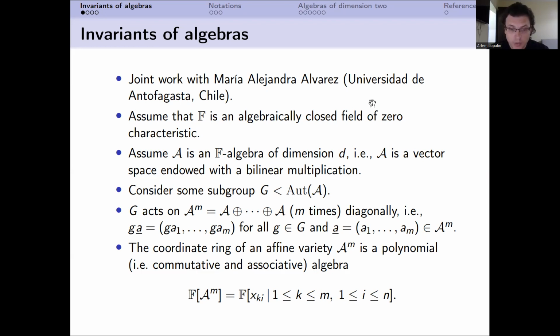Another very classical object is matrices. We may have several matrices, and we have the action of the general linear group over these matrices by conjugation. So we may study invariants in this case as well. What I'm going to do here is consider a situation with non-associative algebra.